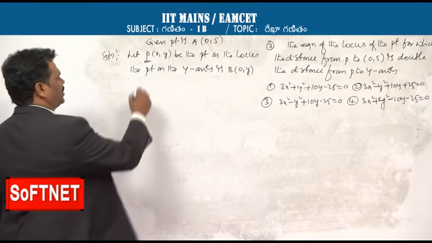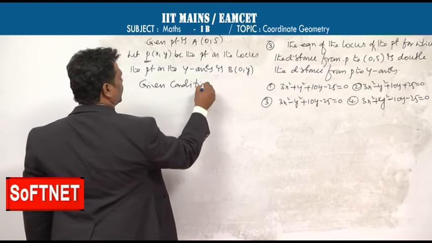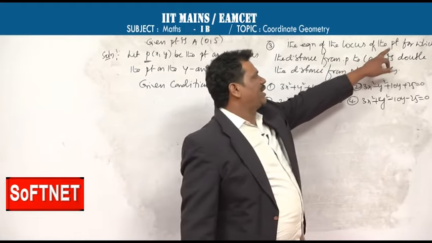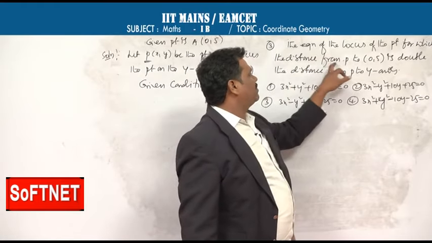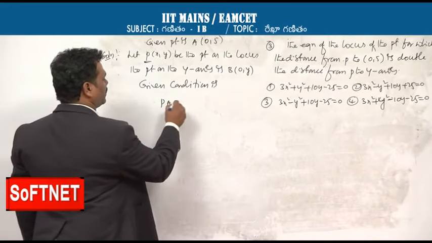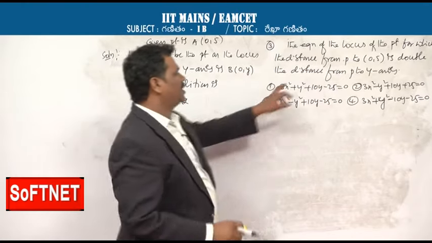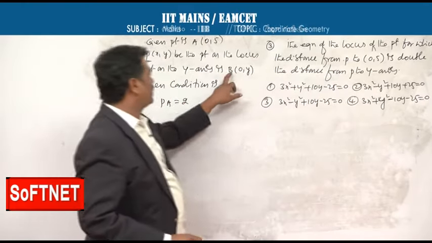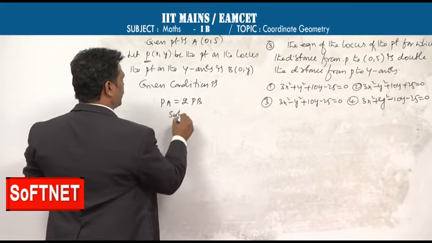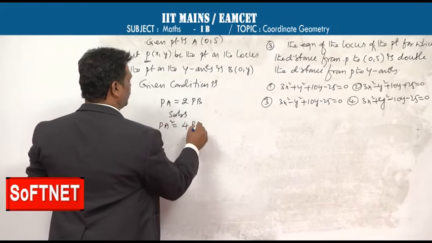So here the given condition is, what is the given condition? The equation of the locus of the point P, for which the distance from P to A, that is PA, is double, 2 into the distance from P to the y axis. The point on the y axis is B. So here P to the y axis means PB. Squaring on both sides, PA square is equal to 4PB square.